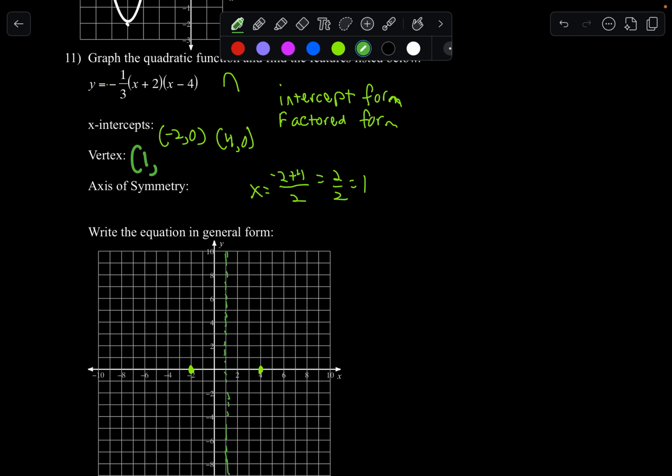I do not know these things. So that's 3 times 1 minus 4 is negative 3, and we're still multiplying by a negative 1/3. So that's negative 9 multiplied by negative 1/3, and that's 3. The vertex is at 1 comma 3. All right, so 1, 1, 2, 3.